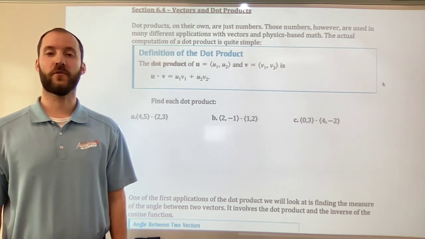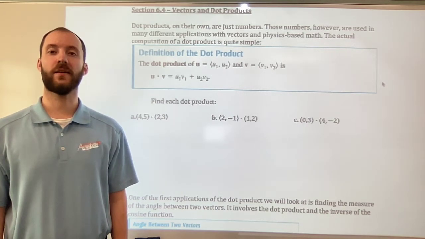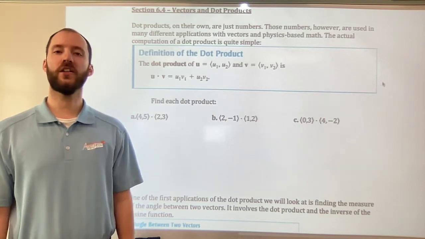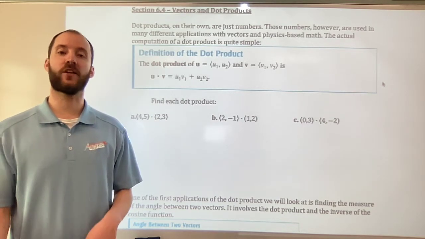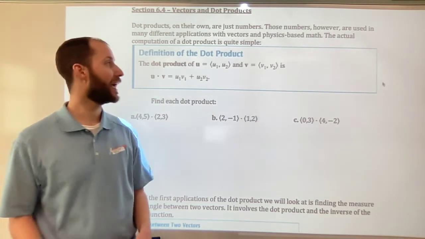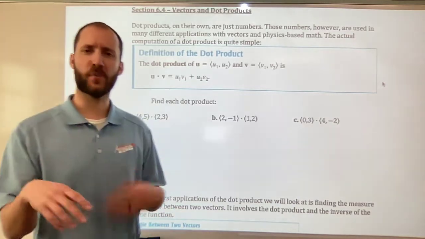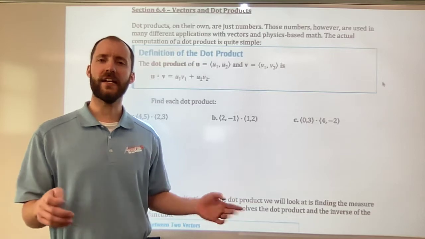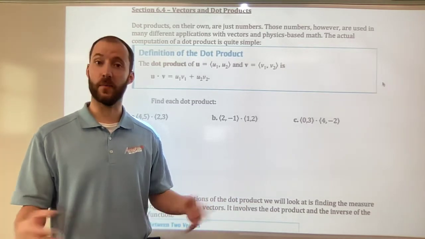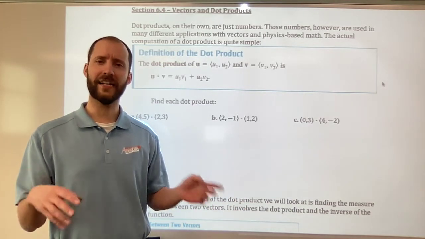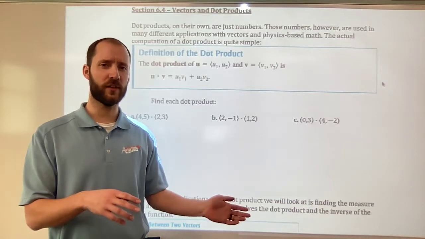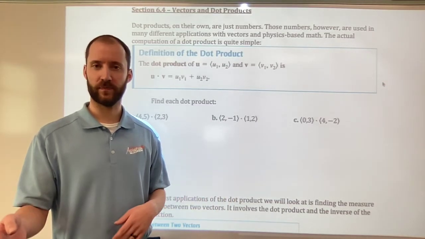Section 6.4, vectors and dot products. So we're going to look at a certain type of calculation with a vector, a dot product. Now, the dot product in and of itself is only a number. It's not really that useful by itself.